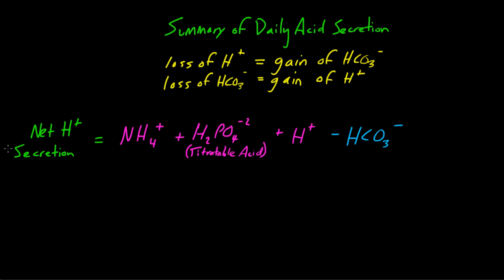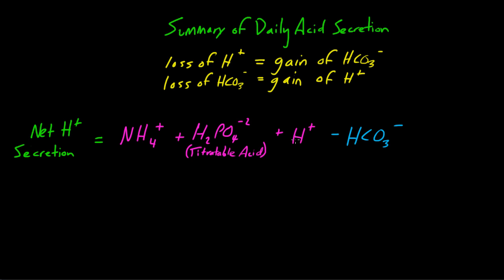Okay, so in your urine, the net acid secretion is simply adding up some of the terms that we went over. How much ammonium was produced, and how much of the other non-ammonia buffers, such as the phosphate. There are other proteins, even creatinine does a little bit of buffering. But I'll just use phosphate here as a titratable acid.